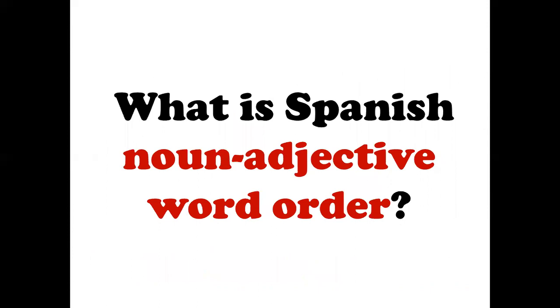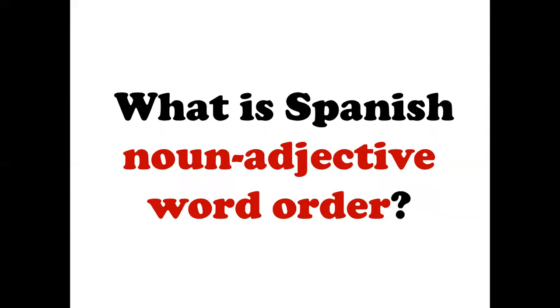They have a close relationship. Adjectives are modified by nouns. But first, let's address something that's pretty obvious when you start Spanish. The Spanish word order has a distinct difference with regard to nouns and adjectives.